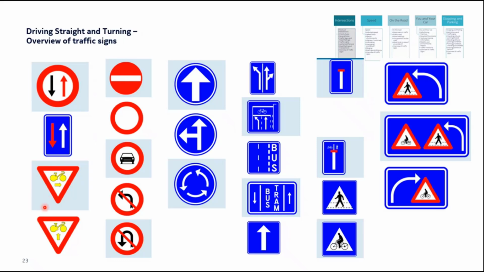An inverted triangle is always a priority triangle. This triangle indicates for bicyclists that they can continue to drive right or straight, indicated by the arrows, even when the traffic light is red or orange, but they must give priority.